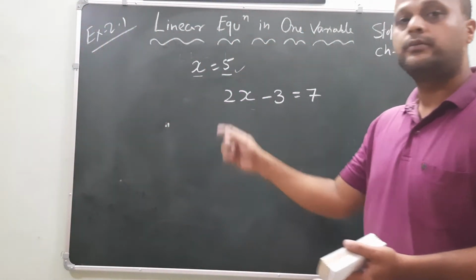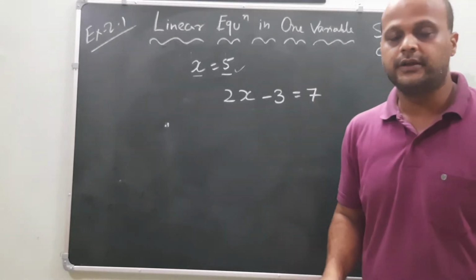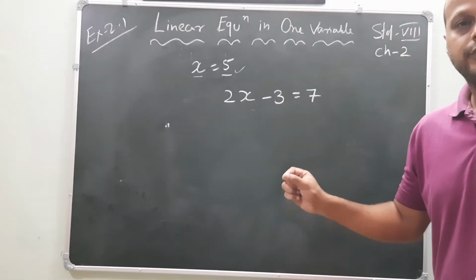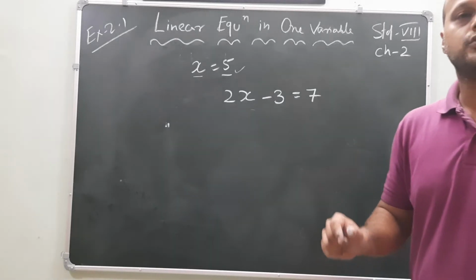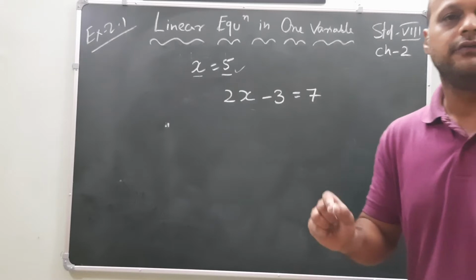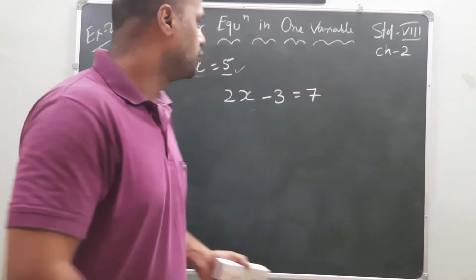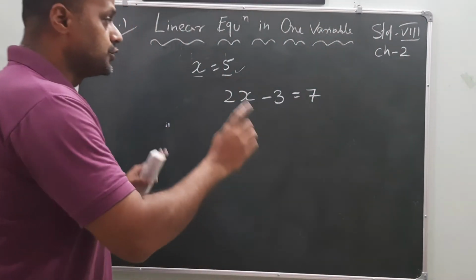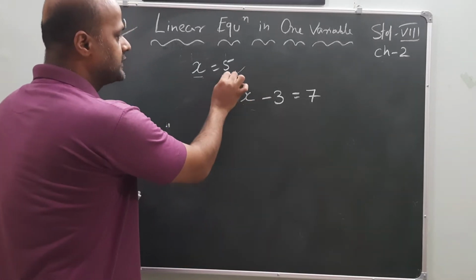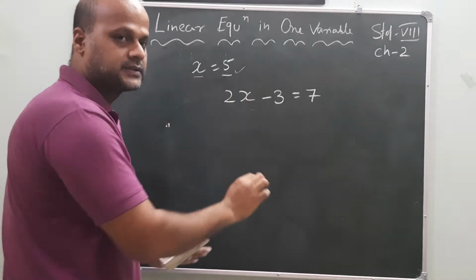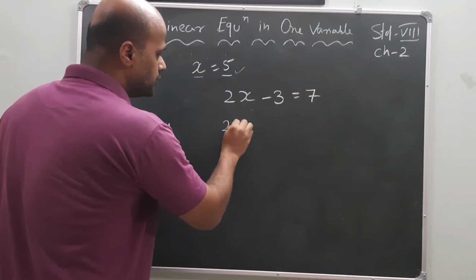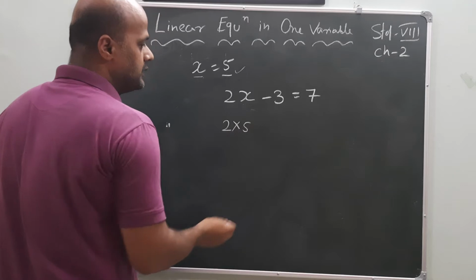Now, my dear friends, it is very, very important when you are putting the value of the variable in a particular equation, you have to be careful. Put it very, very carefully. So remember, only put the value of x, that is 5, in the place of x only. 2x is there, so 2 into 5.